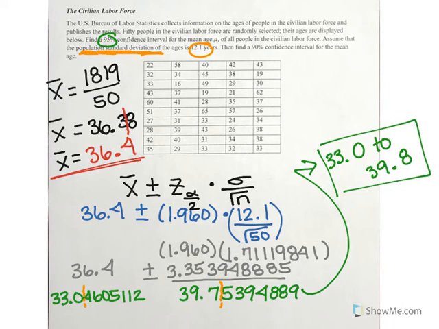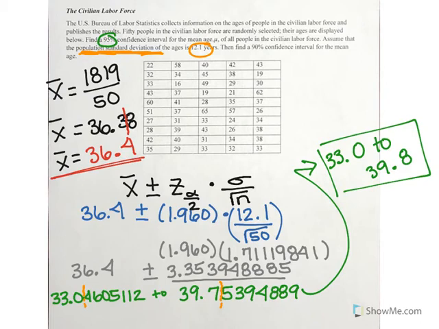And that would be my interval, 33.0 to 39.8. Okay. Now, I want to go ahead and bring out what we have here.